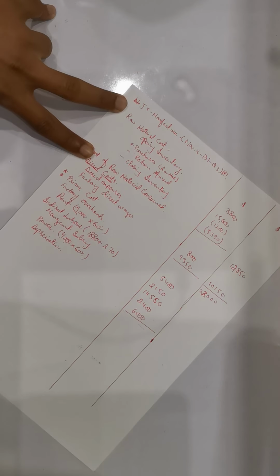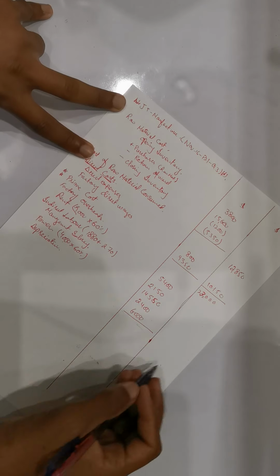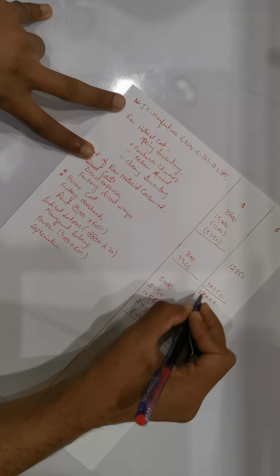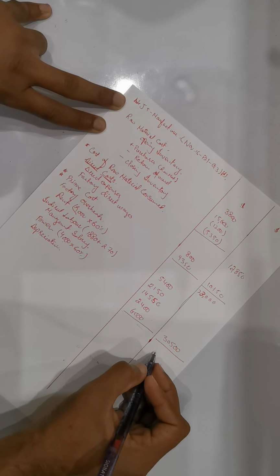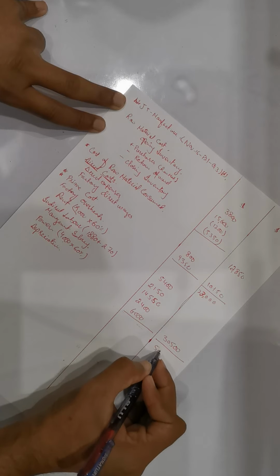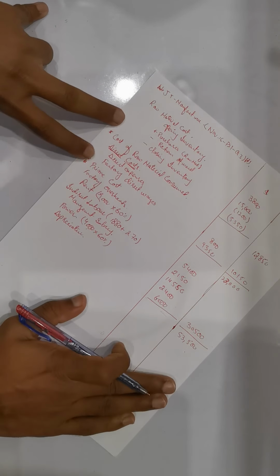What I have is 5,400 plus 2,150 plus 14,550 plus 2,400 plus 6,000, and the answer I get is 30,500. The total of which is 53,500.